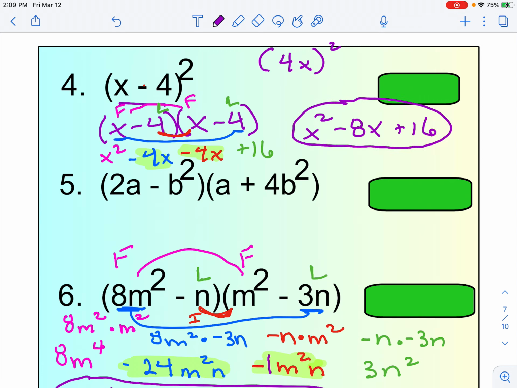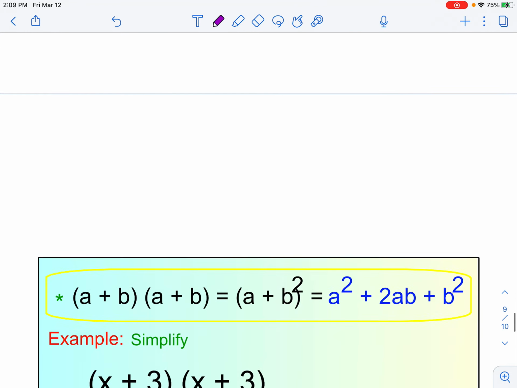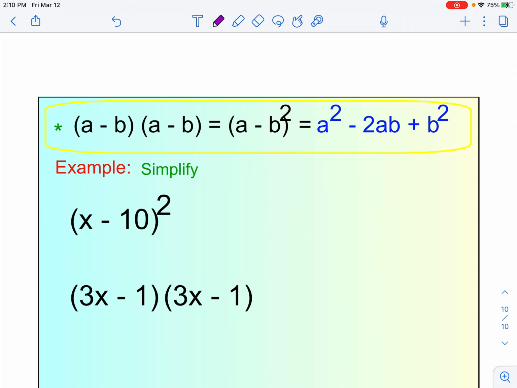And again, this is one of those special products, and I don't expect you to memorize it, but notice when we have x minus 4, that same thing multiplied with itself twice, that is another one of our special products. And what ends up happening, and you don't need to memorize this, is that whatever this is in your final answer, it's that squared.